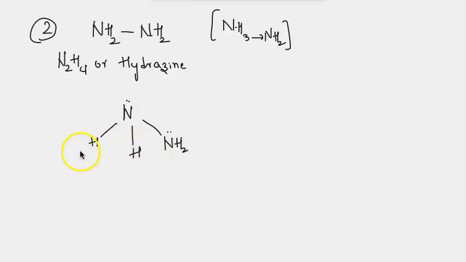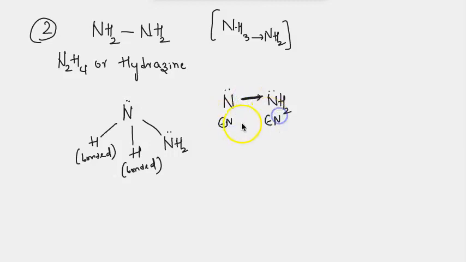So here these two are the bonded atoms, and in place of one of the hydrogens we have an NH2 group. So here N is connected to NH2. Both the nitrogens are equally electronegative.